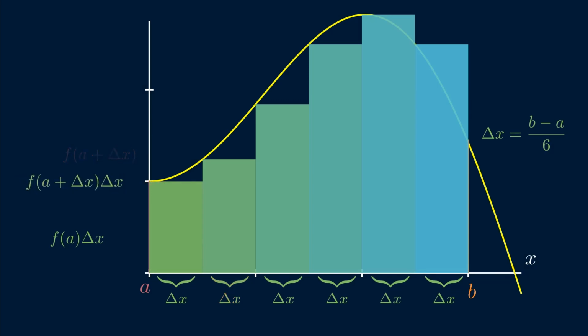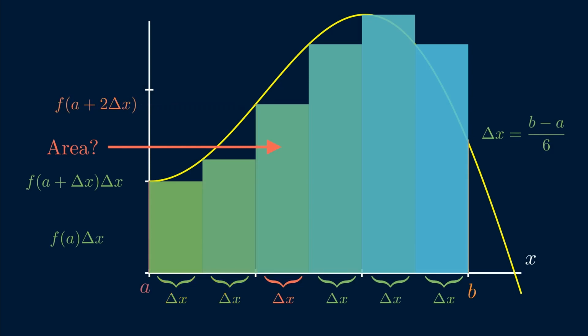Let's do one more. What is the area of the third rectangle? Again, it's the width delta x times the height of the rectangle, which is now the value of the function once we've moved a distance of 2 times delta x away from the starting point a. So f evaluated at a plus 2 delta x.